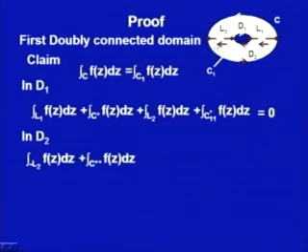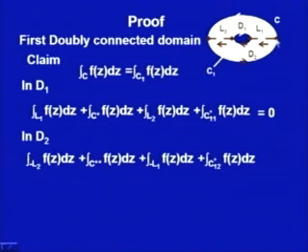So, minus L2 of f(z), plus C double star, the lower half portion of C, again counterclockwise, of f(z) dz, plus minus L1 because L1 is in this direction, and then C12 star, the lower portion of this C1 curve in this direction. This should also be 0 because D2 is also a simply connected domain.